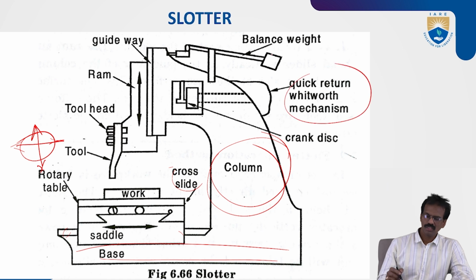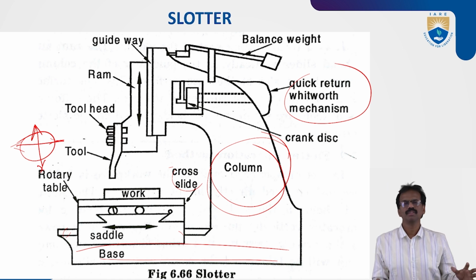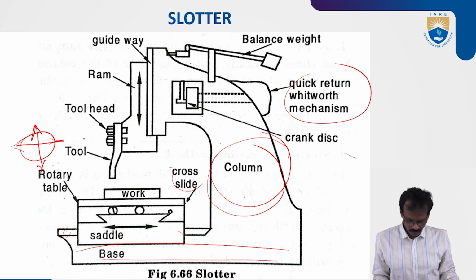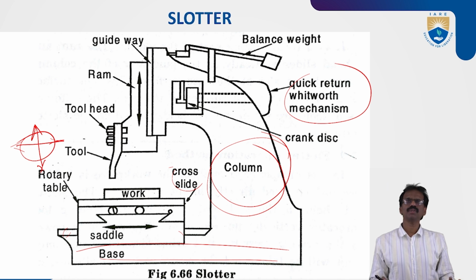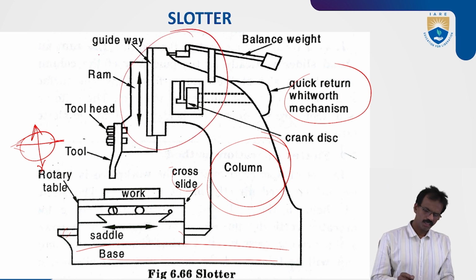Just like the quick return mechanism is placed, and for the cooling system, some engineering oils and cooling systems are also placed in this hollow space of the column. At the end, the front face of this column is very important.